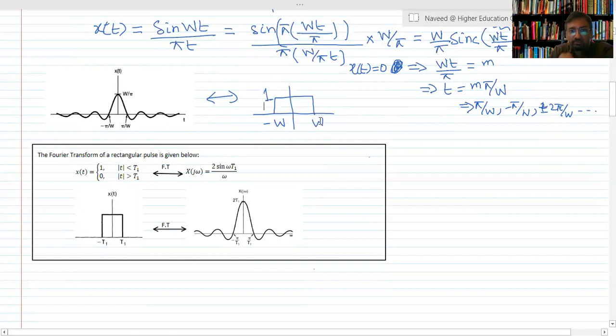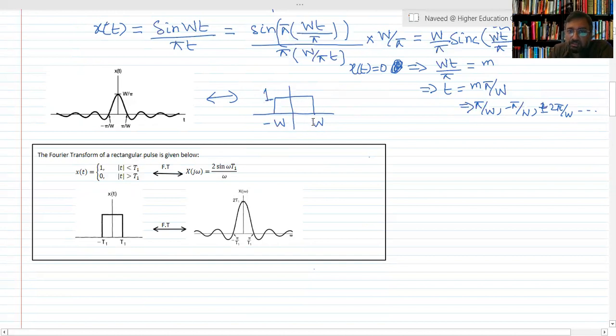And if we decrease the value of W and make it approach 0 in the transform domain, in such a way that the area of this rectangle remains 1, then we get an impulse function in the frequency domain.